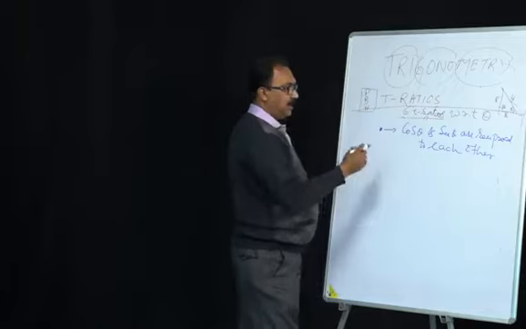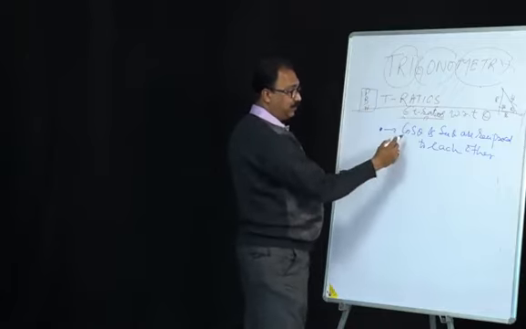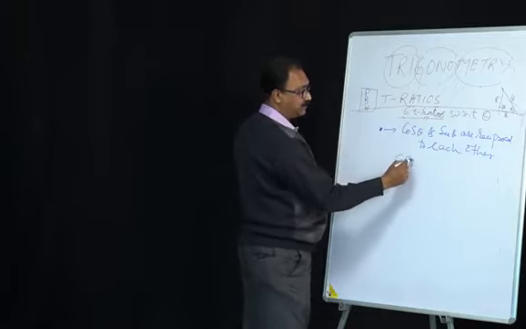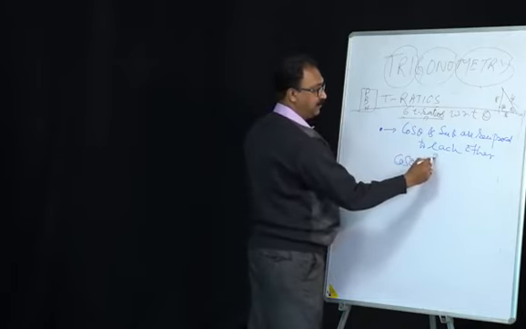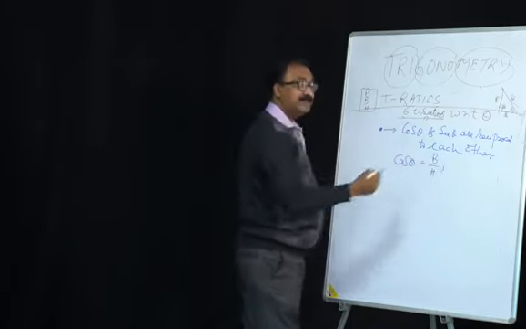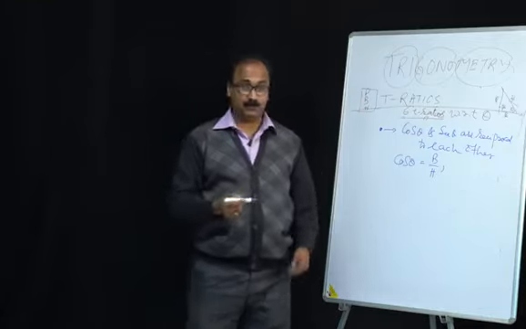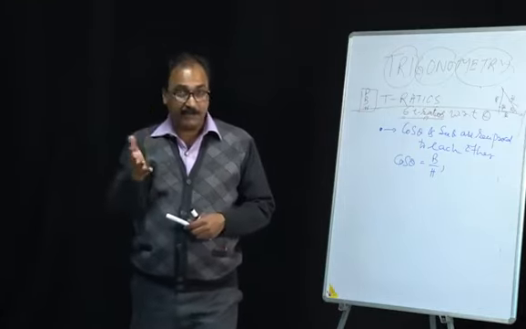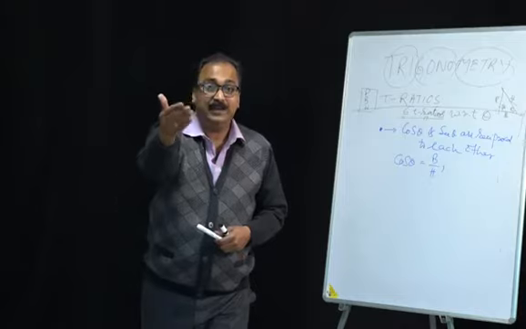Clear? Now, as you know already, cos theta is base by hypotenuse. Then what will be sec theta, tell me? As I told you last time, sin is P by H, cosec is the reciprocal, that's why it's H by P.